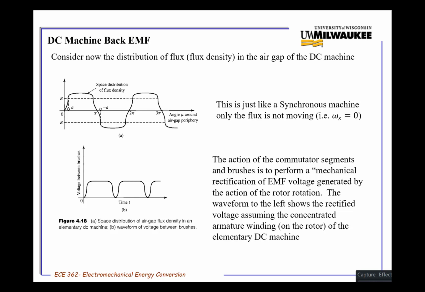Since we have a flux that's due to the field, we have a flux linking that field to the armature. It follows that because our armature is rotating, we are going to end up being able to find a back EMF, or an electromotive force. And in DC machines, I usually use the word back EMF.